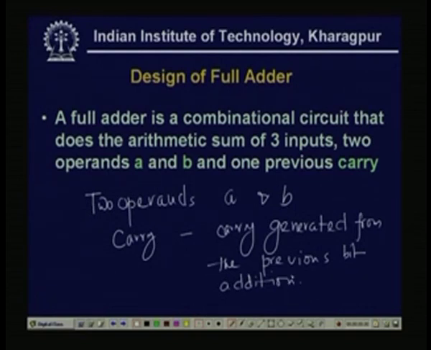Notice here that in the half adder we have not considered that thing. So, half adder means mainly single-bit addition, and here actually multiple-bit addition.